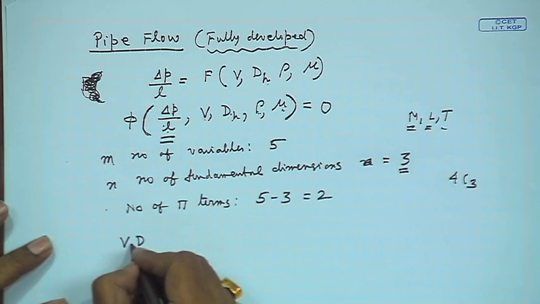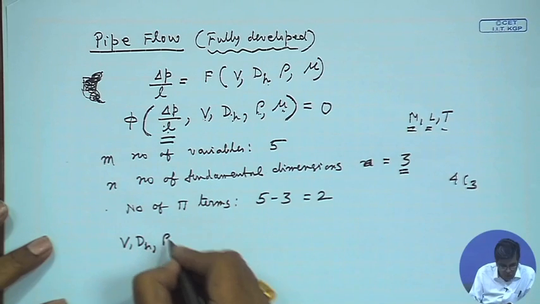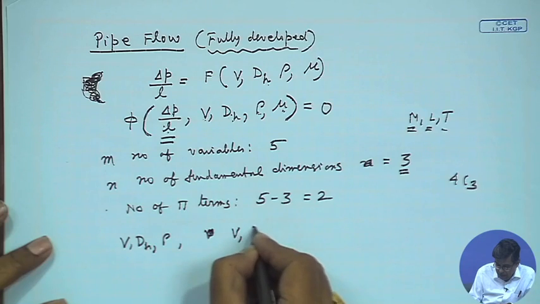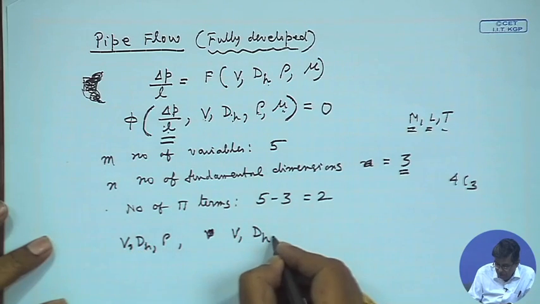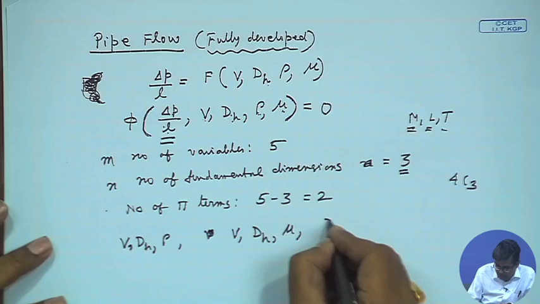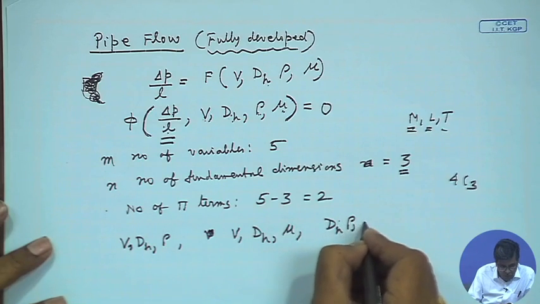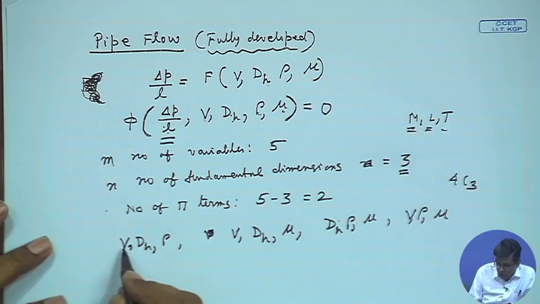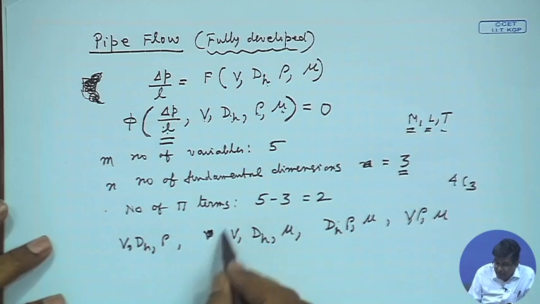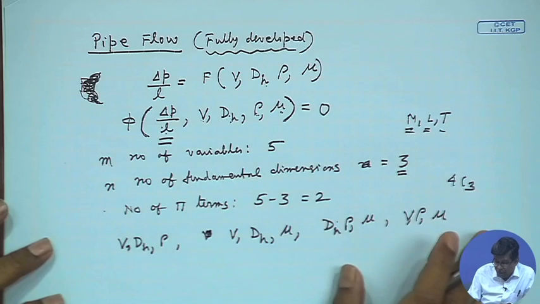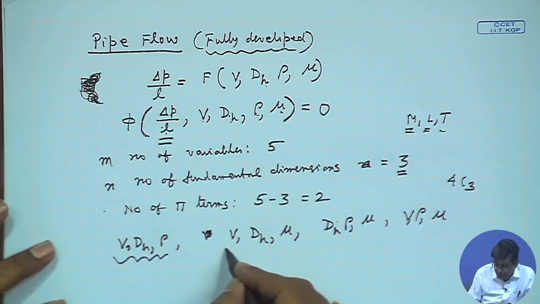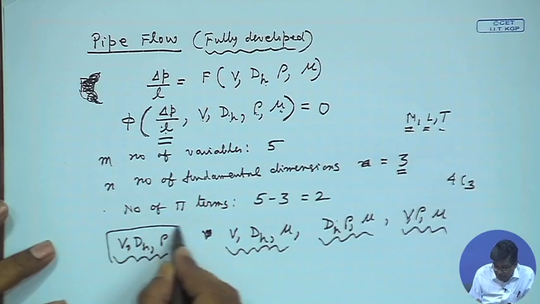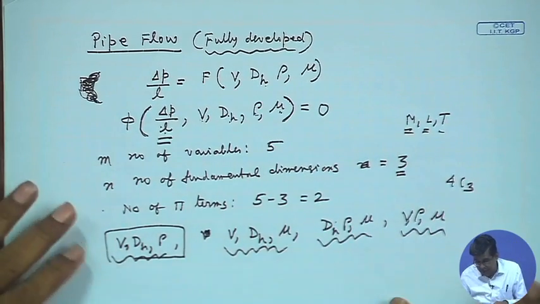One set is V, DH, rho; another set is V, DH, mu; another set is DH, rho, mu; another set is V, rho, mu. Incidentally, all these sets include all the fundamental dimensions. We can take any of these. Let us take V, DH and rho as the repeating variables.